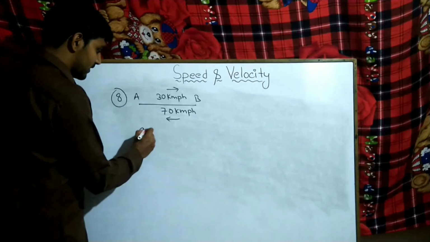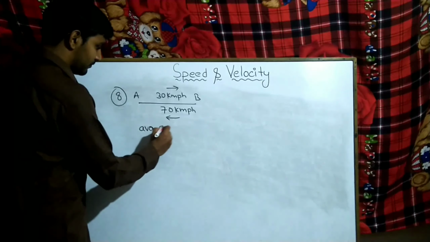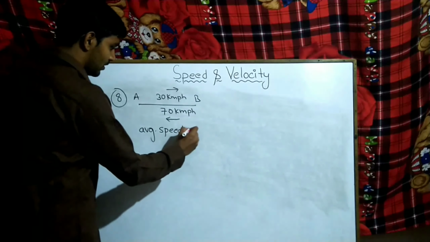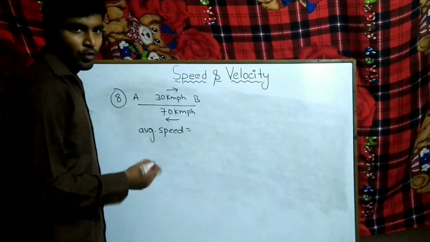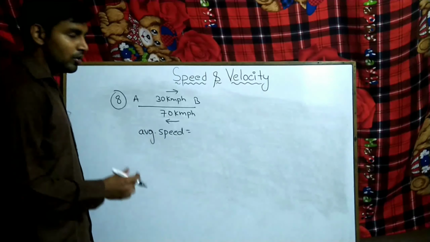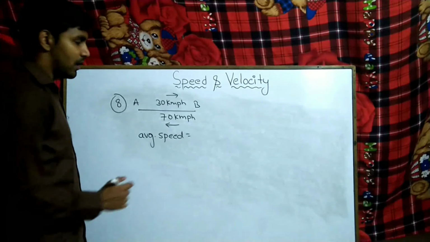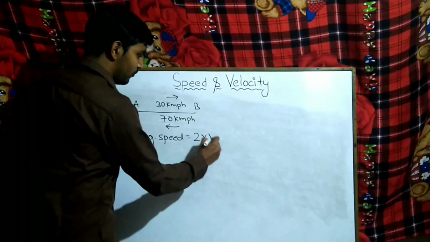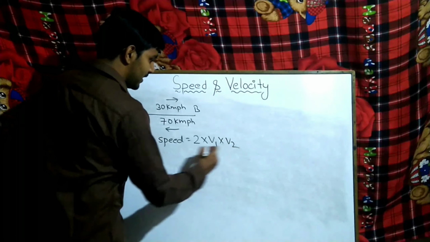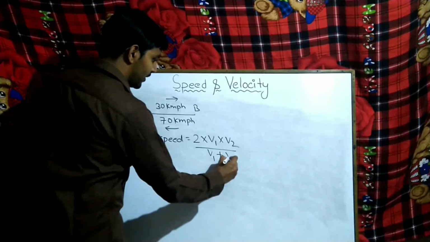So average speed is equal to total distance by total time. You know, I already have told you, if distances are equal, then you have to use the formula 2 into V1 into V2 by V1 plus V2.